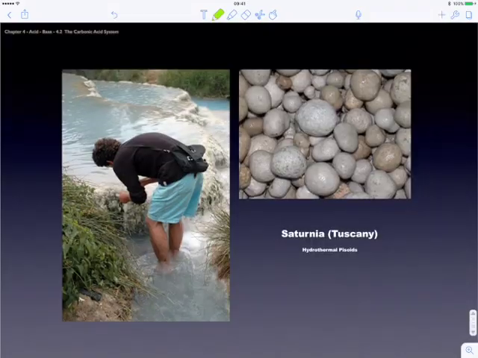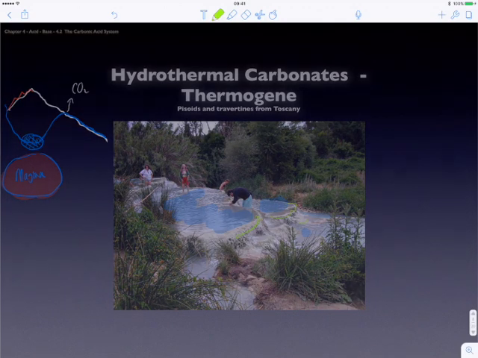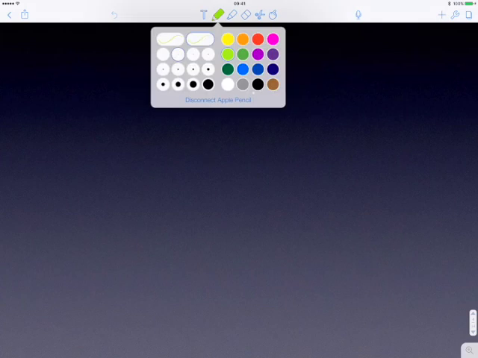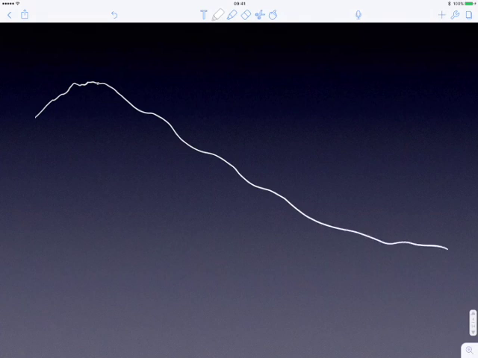You may ask why you are forming those pools here, and not just a continuous crust of calcium carbonate. So if you think about the system I just drew, you have this mountain, and now let's do that a little bit better. You have this mountain with some relief here. So it's not a flat linear relief.